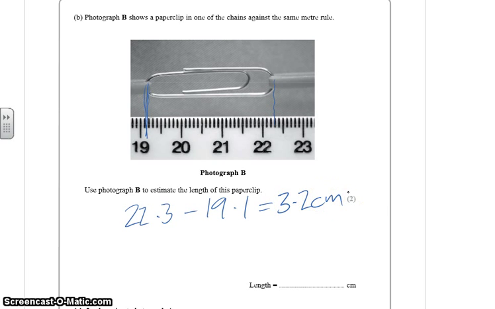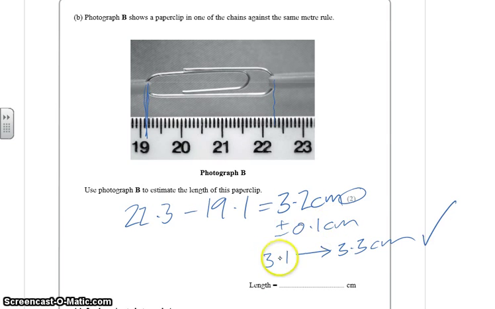It's a 2-mark question, so they want to see some evidence of you working it out as well as getting the right answer. You're allowed a tolerance of plus or minus 0.1 centimeters. So if you'd answered anything in the range 3.1 to 3.3 centimeters, then that would have been okay.